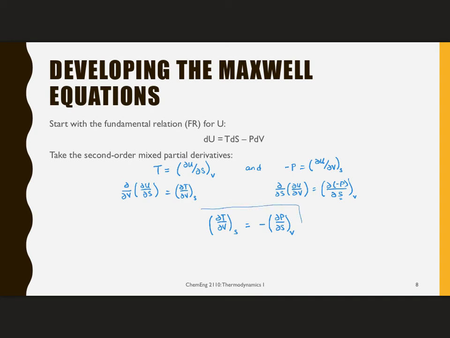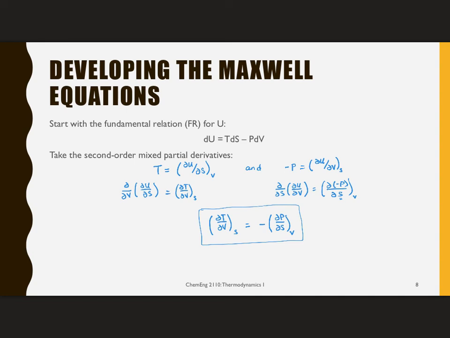Now this is a really important relationship. It may not look like it at the moment, but trust me, this is really important. This is called a Maxwell equation. A Maxwell equation simply comes from the fundamental relations and looking at the second order mixed partial derivatives. And so from U, I get this Maxwell.